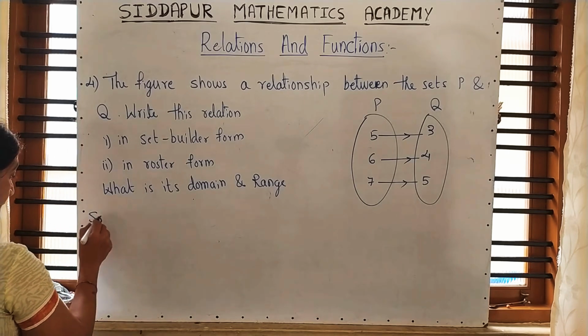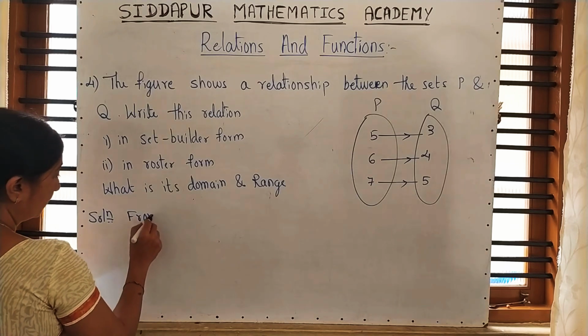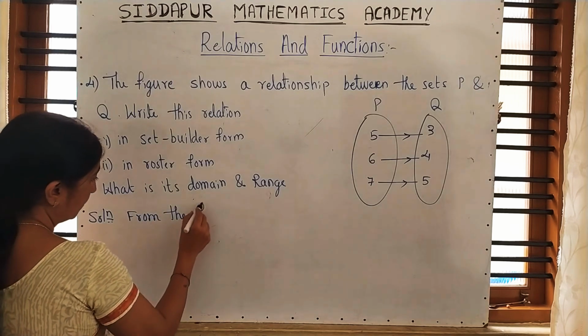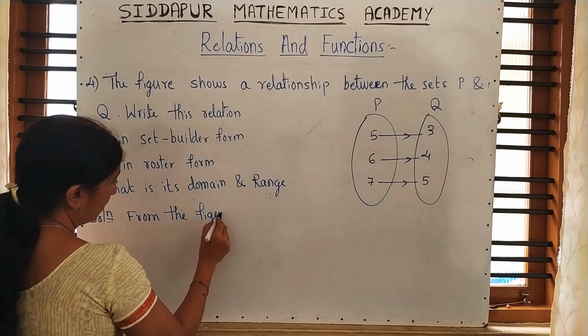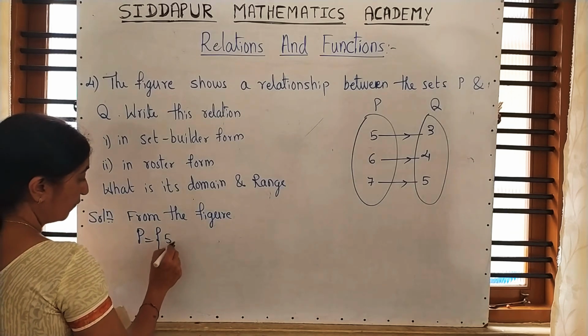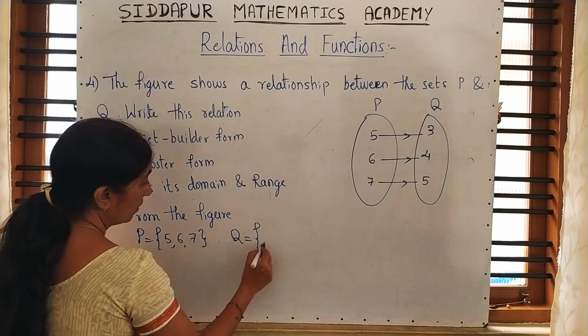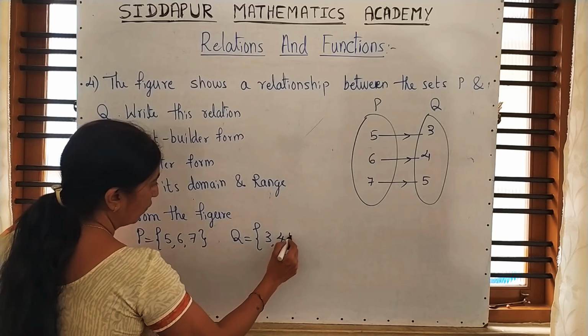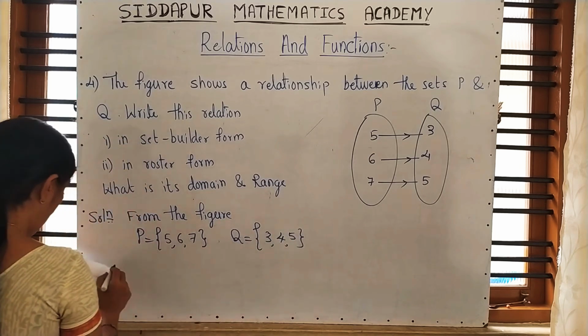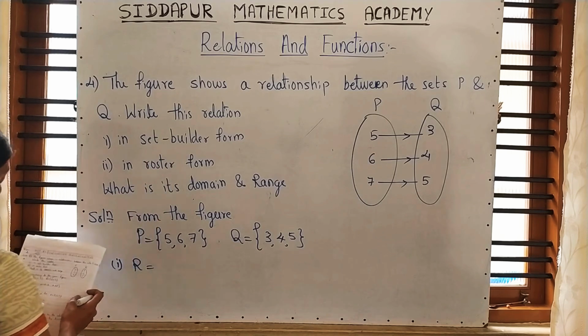First write down what is set P. From the figure, set P is {5, 6, 7}. And set Q is {3, 4, 5}. See how they are related, how you write R in set builder form.